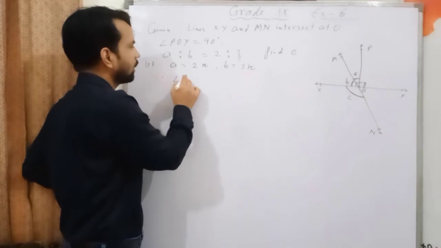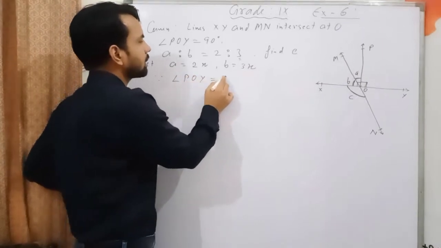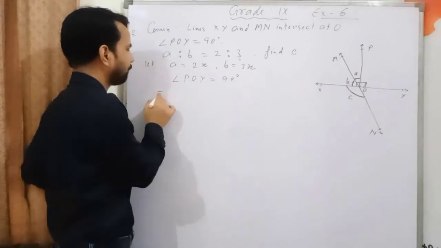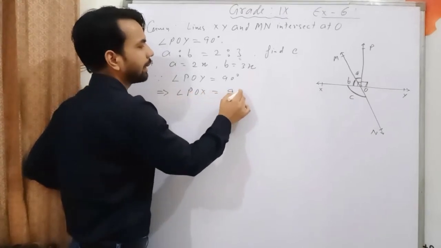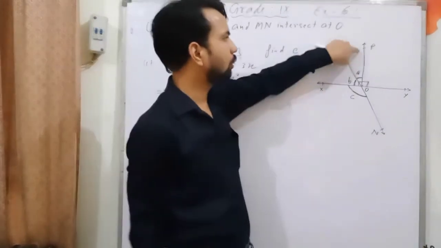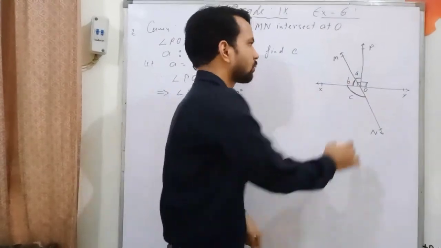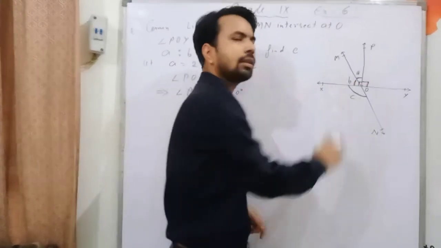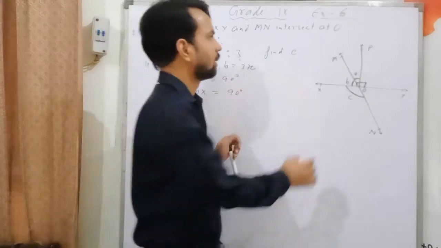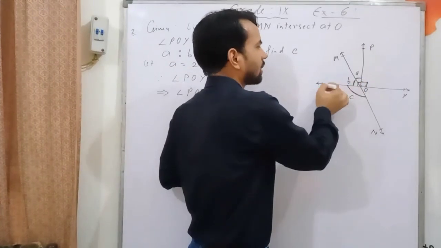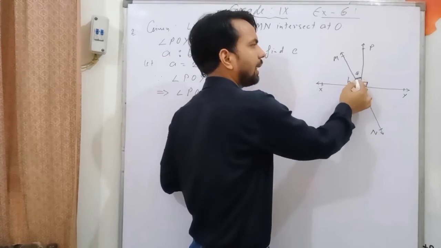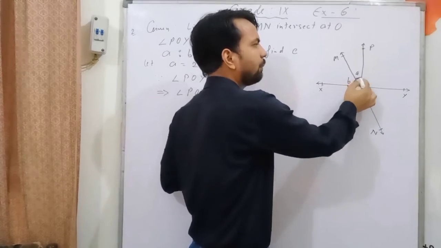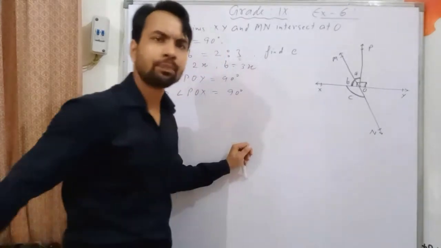Now see, since angle POY is 90 degree, that implies that angle POX is also 90 degree, because PO is perpendicular on XY. Now see, this angle POX is the sum of A and B, correct?